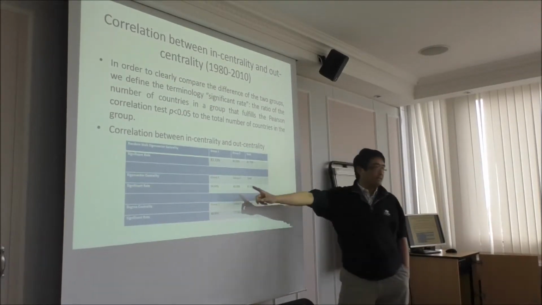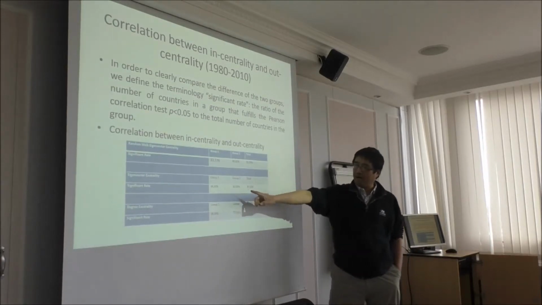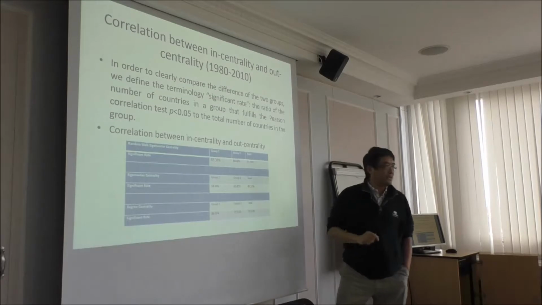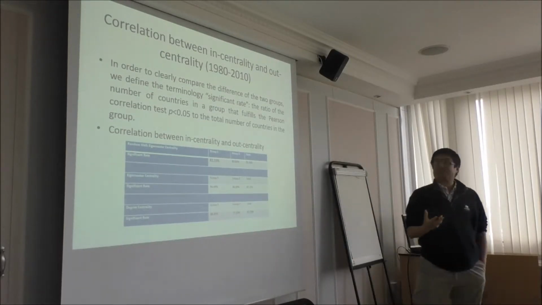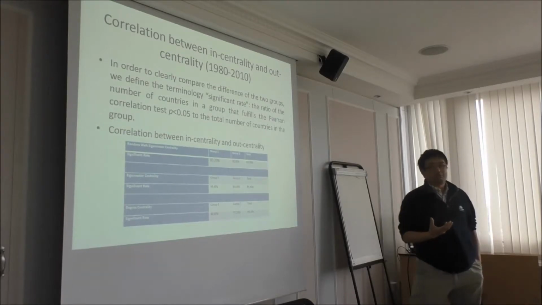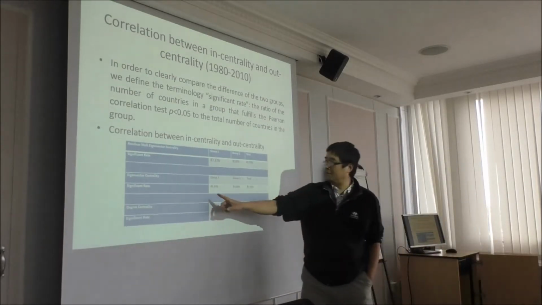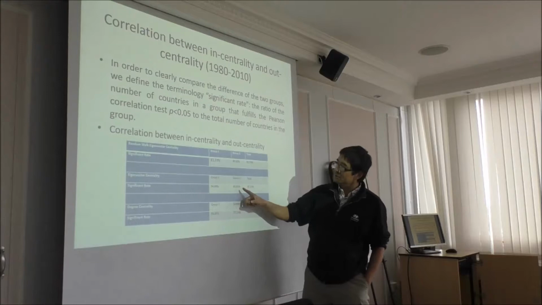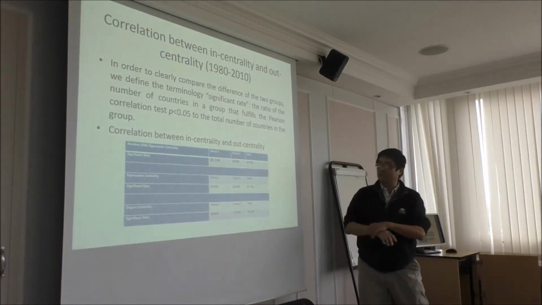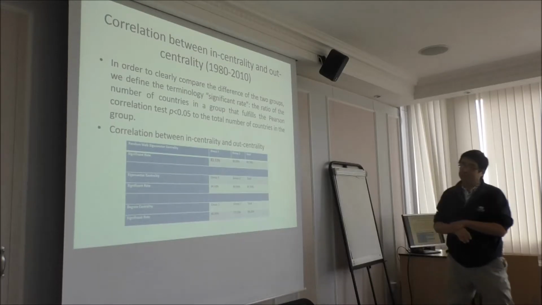For group 1, the countries with relatively high GDP per capita, the significant rate reaches 94%. That means there is a lot of trade between the relatively rich nations. Okay? And the significant rate for group 2 becomes 80%. So this is a quite significant drop in percentage.